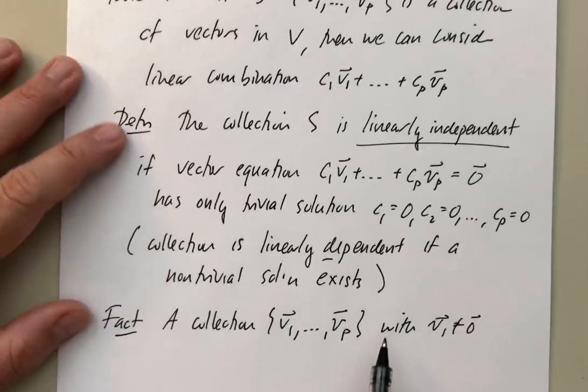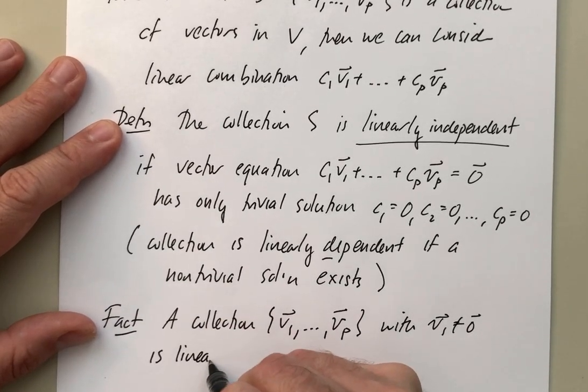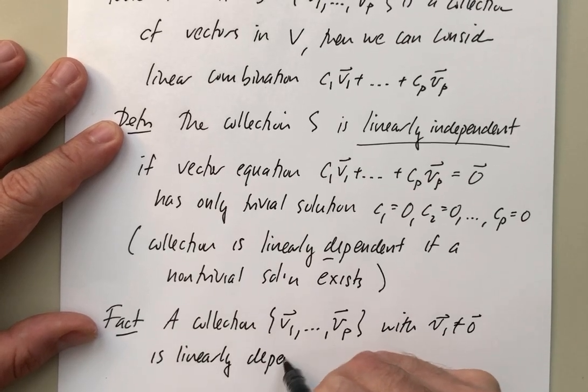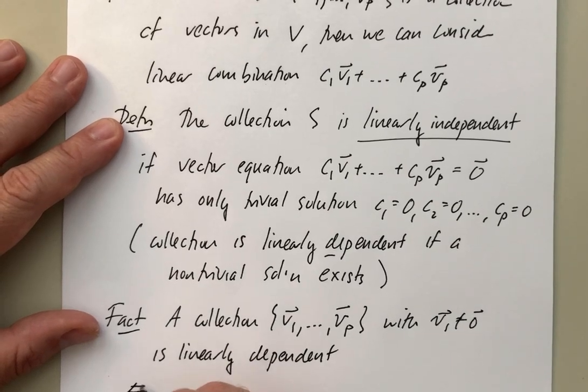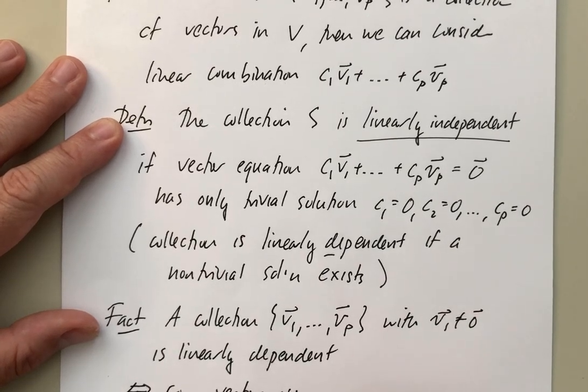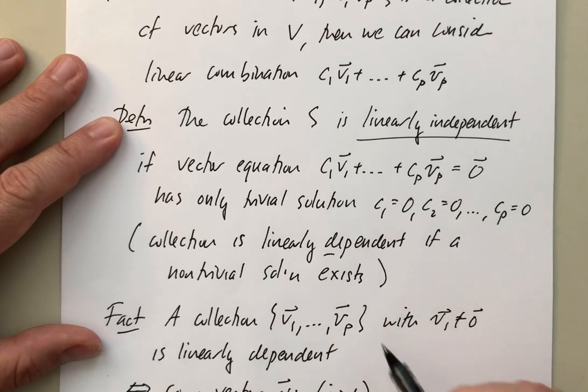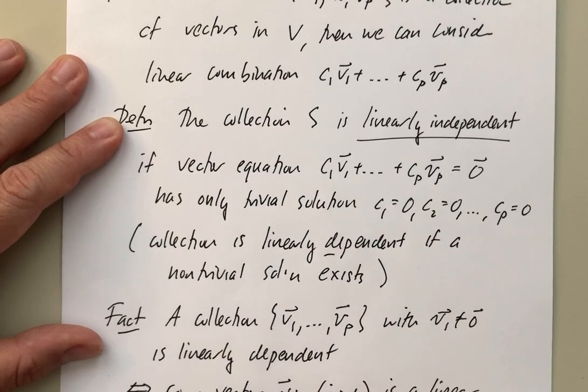So if you give me a collection of vectors with the first vector not the 0 vector, this is linearly dependent if and only if some vector Vj, let's say, for j bigger than 1, is a linear combination of the preceding vectors.